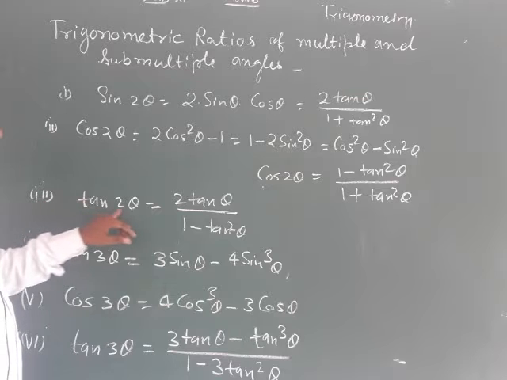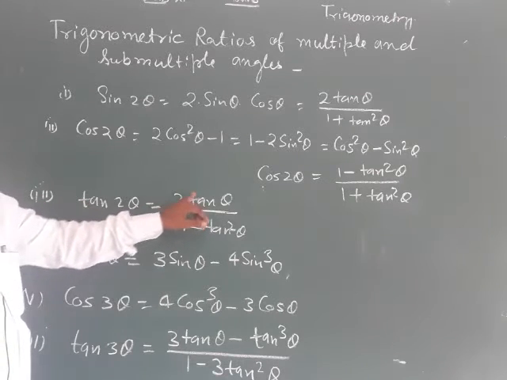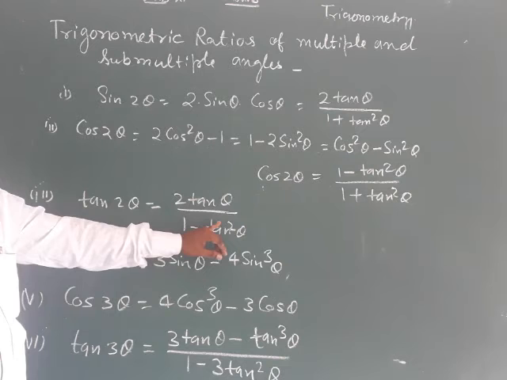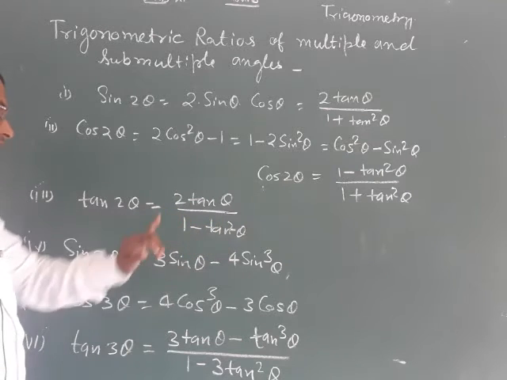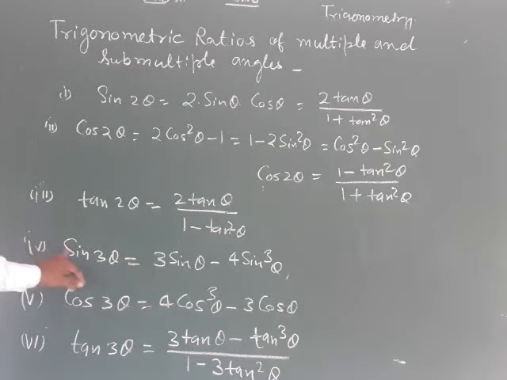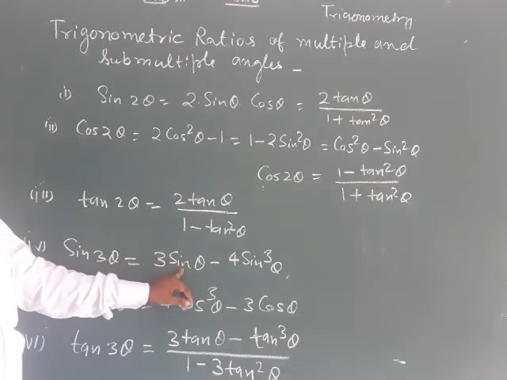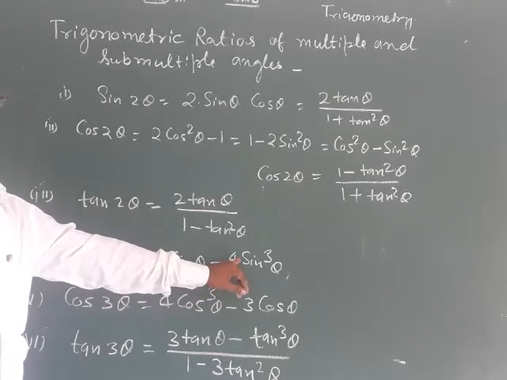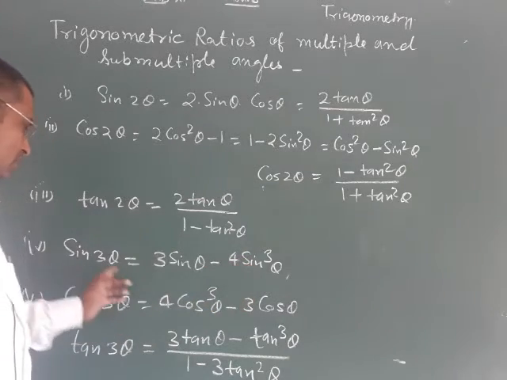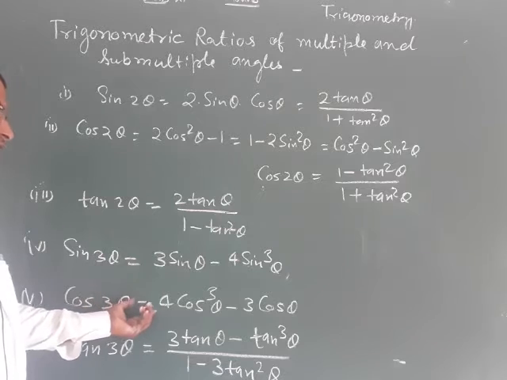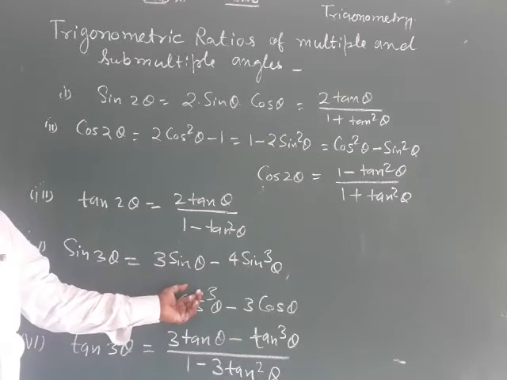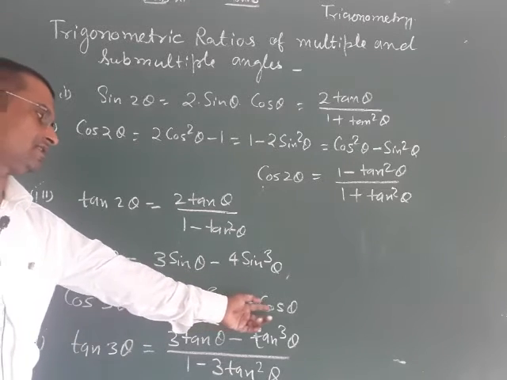Third, tan 2 theta is equal to 2 tan theta upon 1 minus tan square theta. And also fourth, sin 3 theta is equal to 3 sin theta minus 4 sin cube theta. And in the same way, cos 3 theta is equal to 4 cos cube theta minus 3 cos theta.